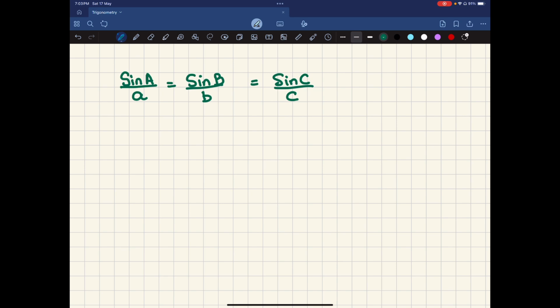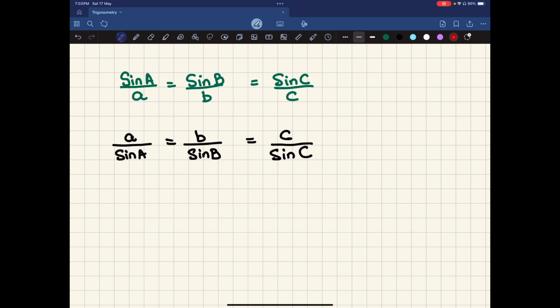And another form to write the same rule is a over sine A is equal to b over sine B is equal to c over sine C. Okay? Both of them will yield exactly the same answers, and you can use any of the two forms of the rule that you wish to.